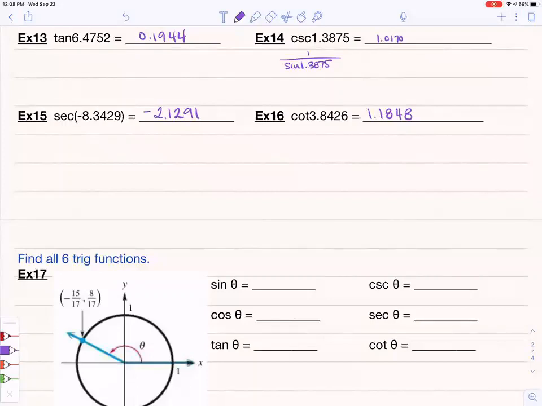Okay, 15 and 16 answers are on the board. Did you get them?